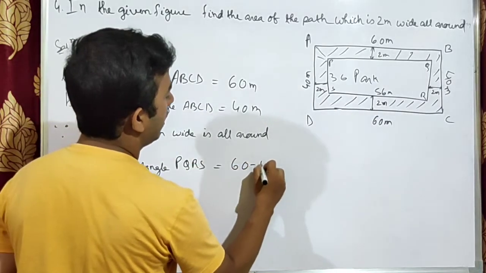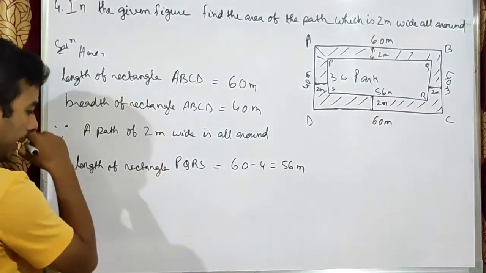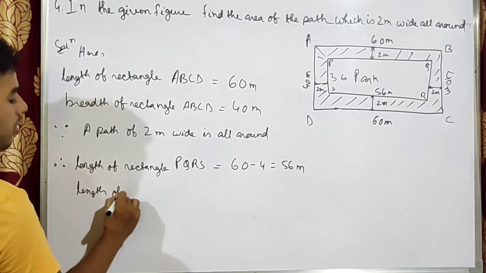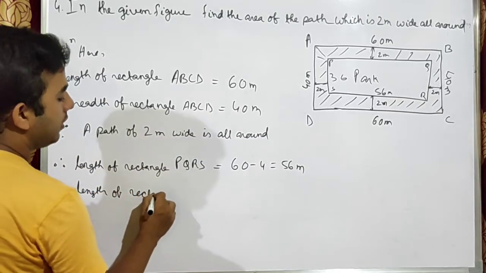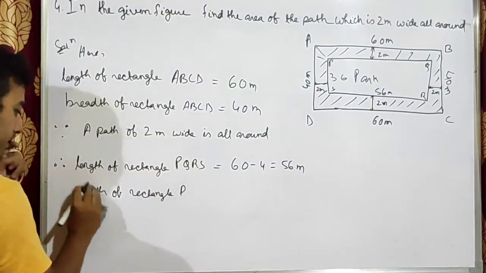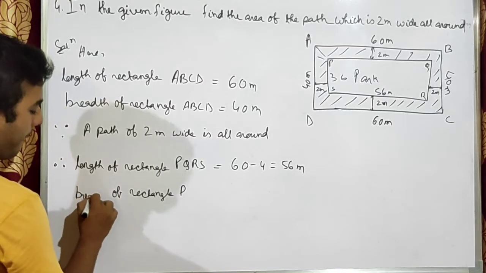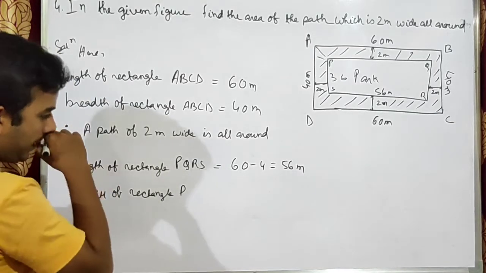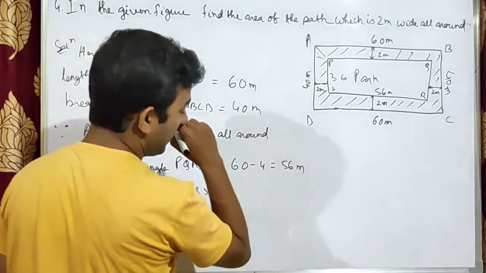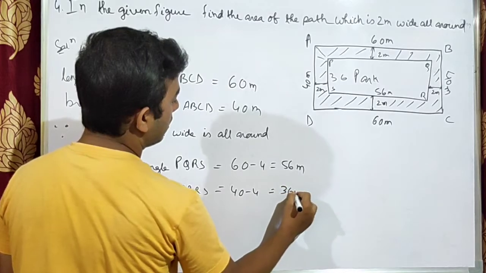It will be 60 minus 4 equals 56 meter. Clear? Okay. Then sorry, here it will be the breadth. Breadth of rectangle PQRS equals what? It is 40 minus 4 equals 36 meter.